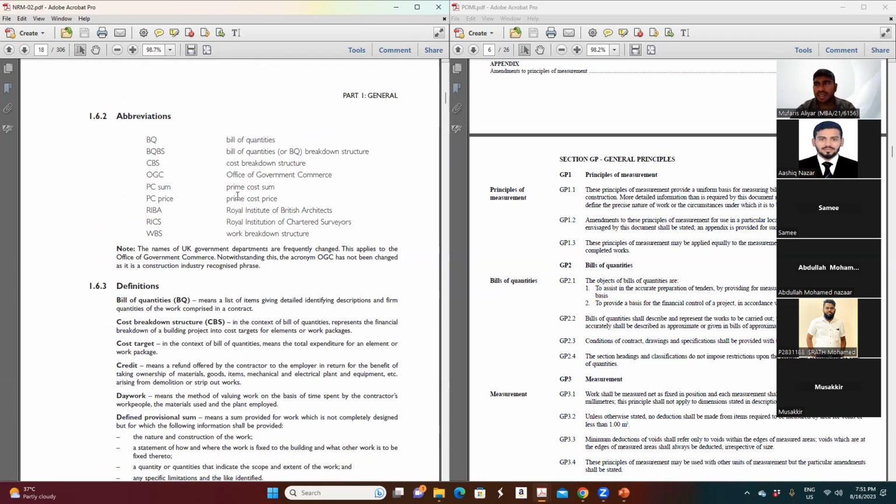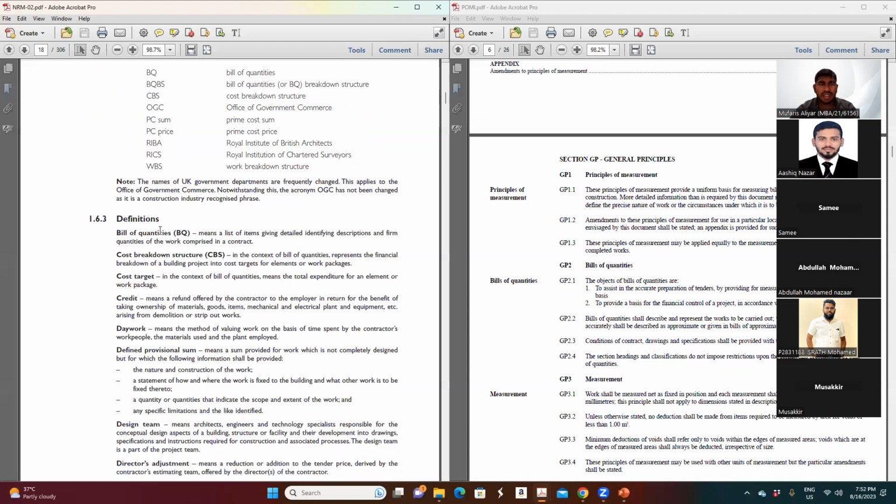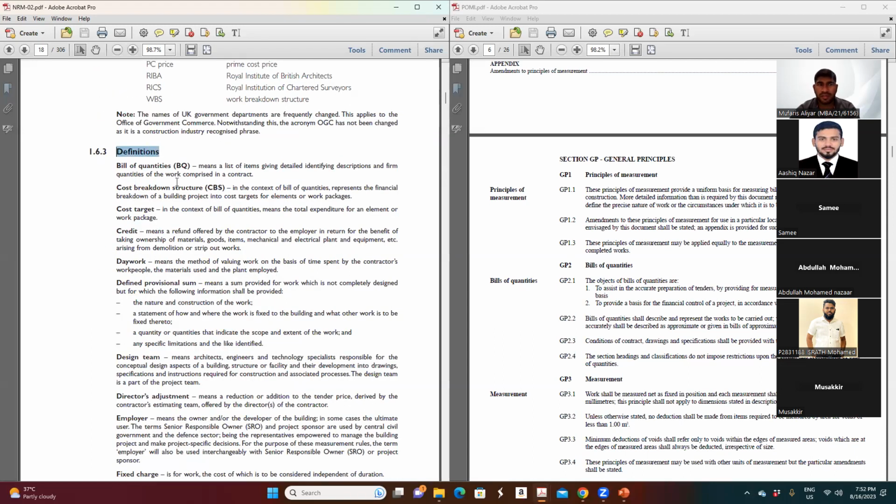Why I am explaining it, taking time here, is that you need to understand. If somebody asks, what is NRM1, NRM2? Then you need to know that. As a QS, you must know these standard documents nowadays; it is important to know that they are available. And the definitions. Whenever you go to a contract, documents, BOQ, standard, or whatever it is, there should be a definition because these terminologies are new to everybody.